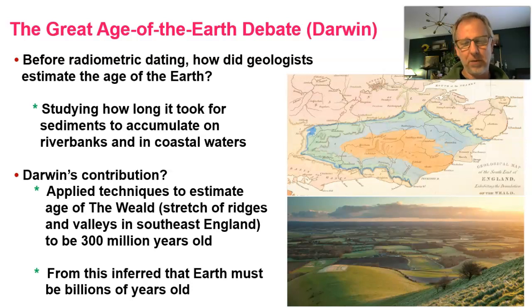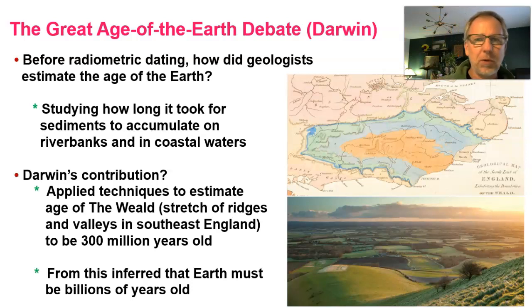But before radiometric dating, how did geologists estimate the age of the Earth? Well, basically they were left to studying how long it took for, for example, sediments to accumulate in riverbanks or in coastal waters, and based on the rates of accumulation of those sediments, they inferred how long it would take to make the layers of rocks that we see in the geologic record.